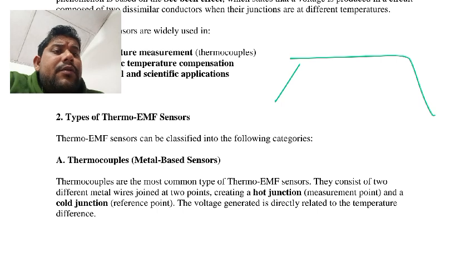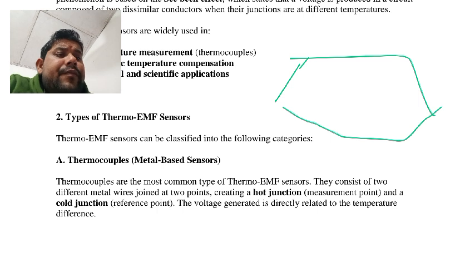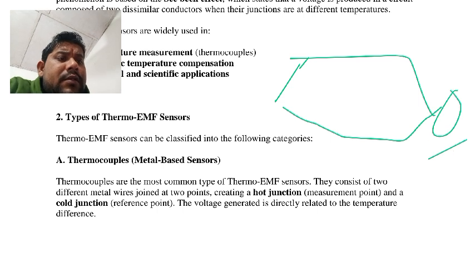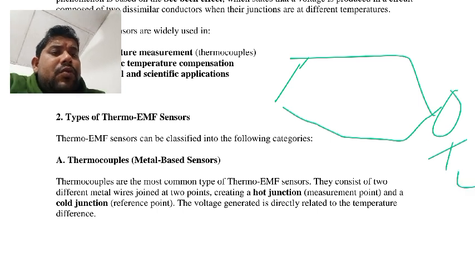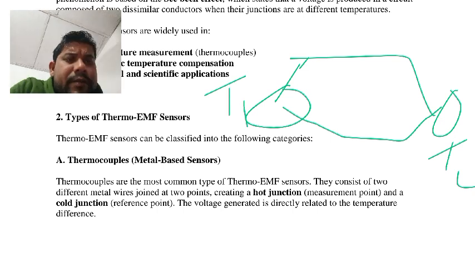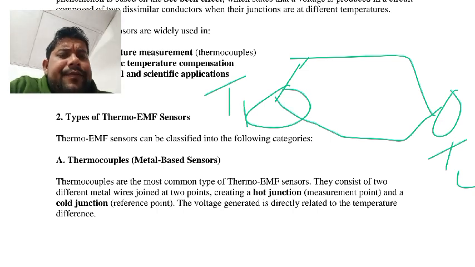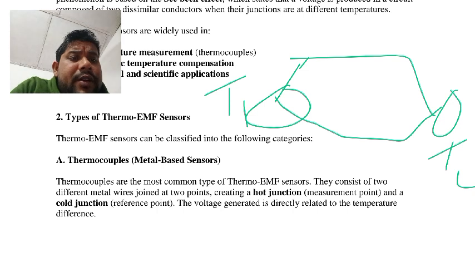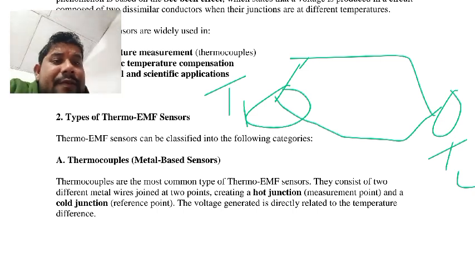This is the thermocouple, with two different metals, T2 and T1. They consist of two different material wires joined together, creating a hot junction, the measurement point, and a cold junction, the reference point. The voltage generated is directly proportional to the temperature difference.